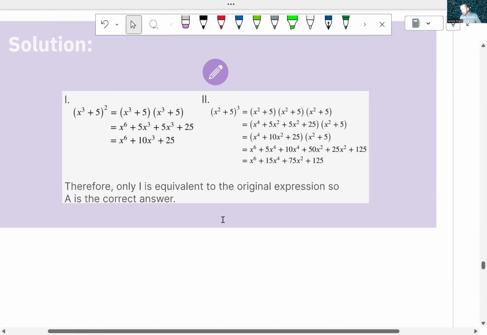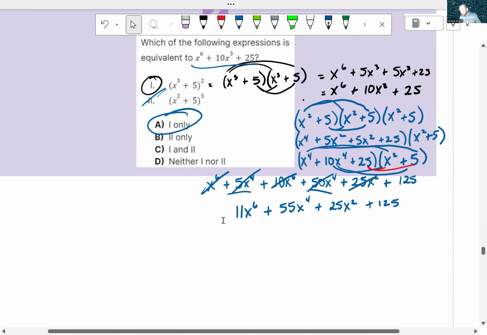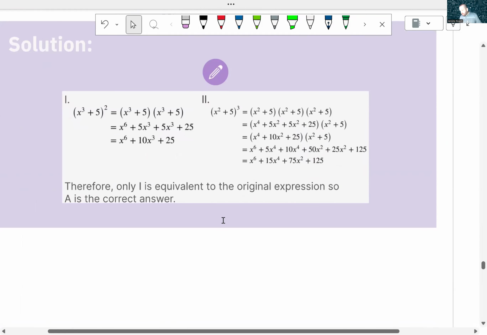Okay, and this is all the steps here. I might have made a small error here. 25x. Well, if I did make an error, then you can go back and look here at how to do that.